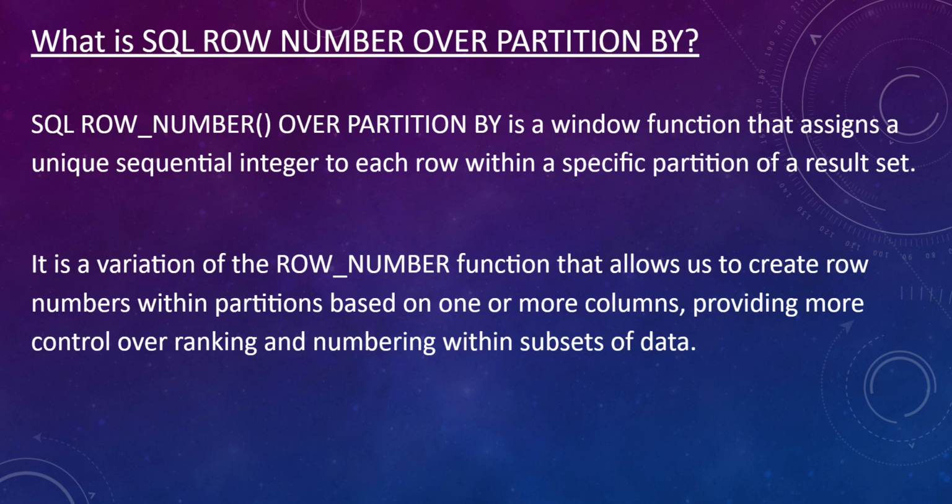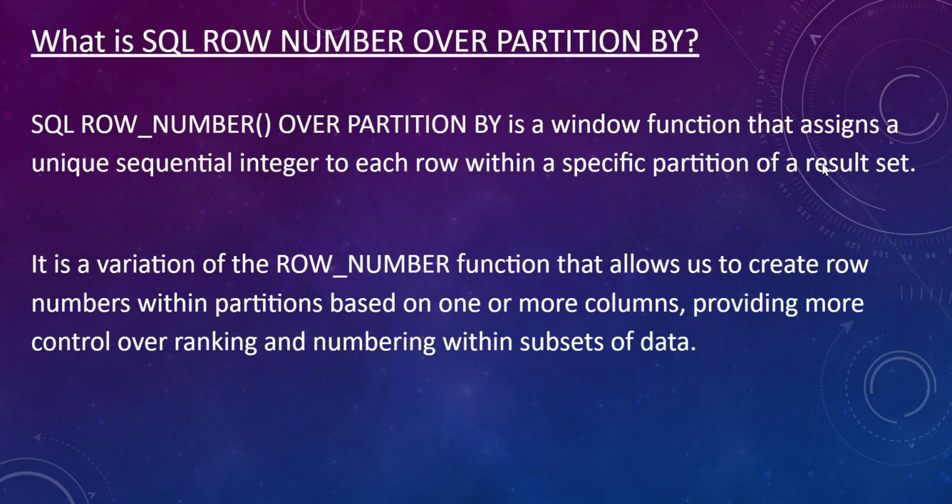Now we will discuss more about ROW_NUMBER OVER PARTITION BY, and when it is used. We have already discussed it while discussing the rank function and dense rank function. SQL ROW_NUMBER OVER PARTITION BY is a window function that assigns a unique sequential integer to each row within a specific partition of a result set.